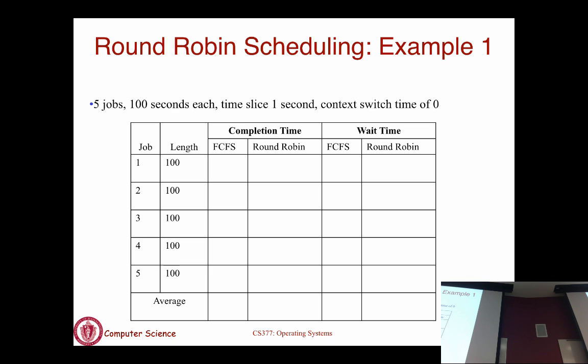There's no I/O, and the time slice is 1 second. We'll also assume context switches don't cost anything. They are zero overhead, because we are simply trying to understand how FCFS and round robin compare with one another. We'll assume that all jobs arrive at time 0, but in that order: 1, 2, 3, 4, 5. They all arrive and are queued up in that order.